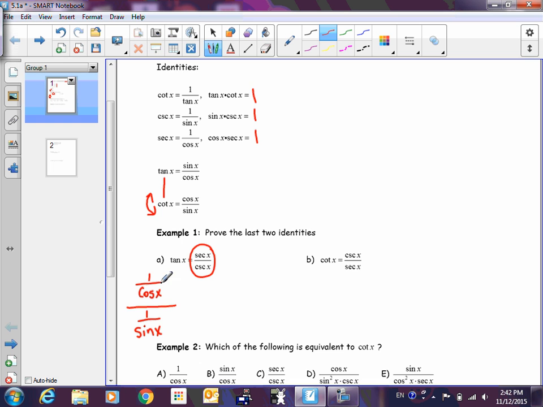All right, so I have a fraction divided by a fraction. So how do we divide fractions? I'm going to give you a hint here. We multiply by the reciprocal. So if I want to divide by 1 over sine, that's the same thing as multiplying sine over 1.